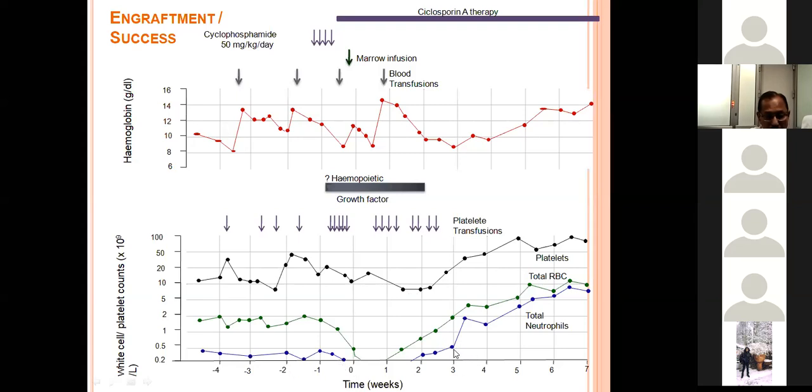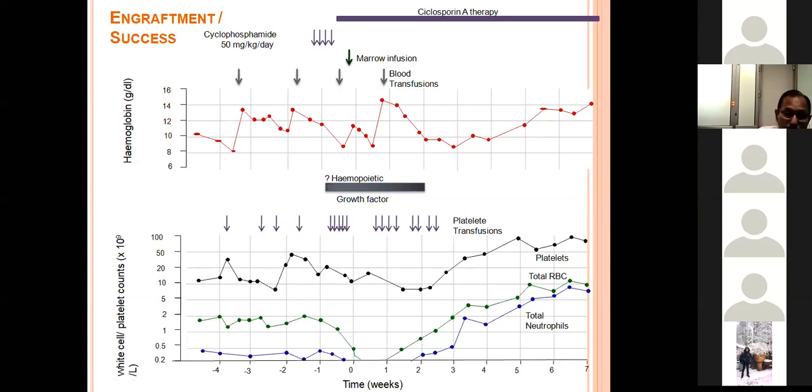This is 500. You can see here 0.5. So if the neutrophil count at week 3 is 500 and is going up, and platelet count at week 3 is 20,000 and is going up, that means your transplant is successful. If it does not go up, it means there is transplant failure.